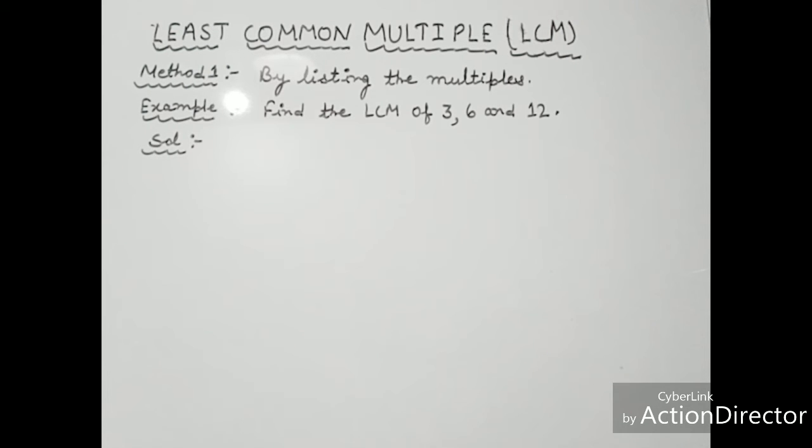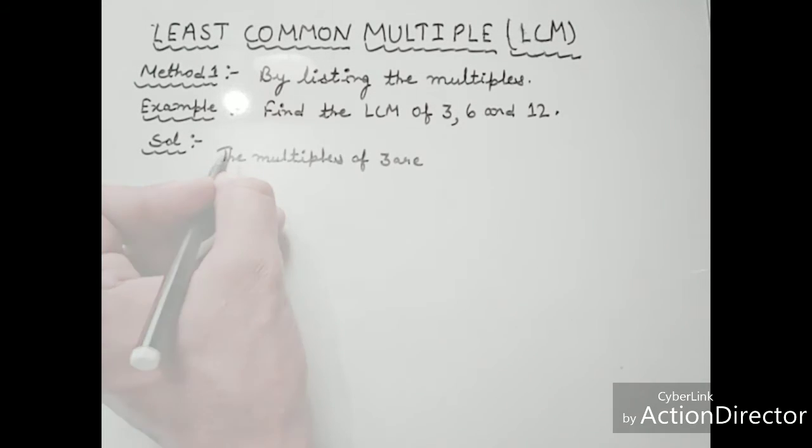First we write the multiples of each number: multiples of 3, then multiples of 6 and then multiples of 12.